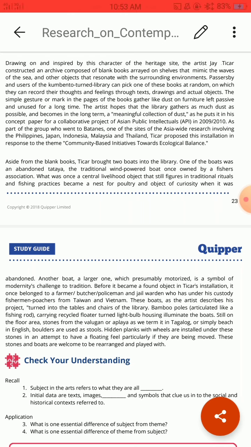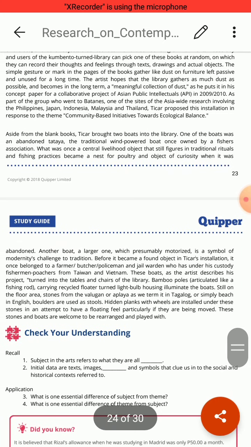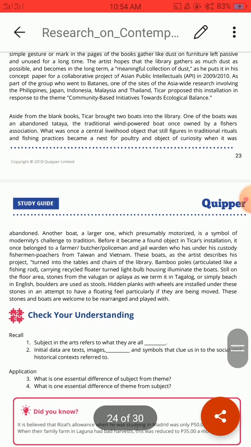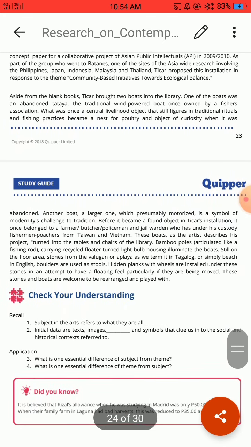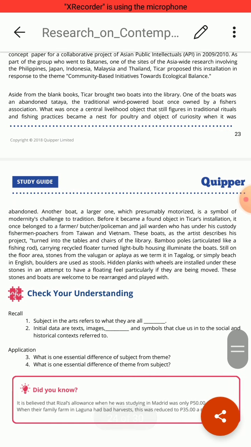Then a second, a larger one, murag modernized gani nga boat, kanang motorized siya nga boat. Tapos before a found object in Carr's installation, it once belonged to a farmer, butcher, policeman, and jail warden who had under his custody fishermen, poachers from Taiwan and Vietnam.